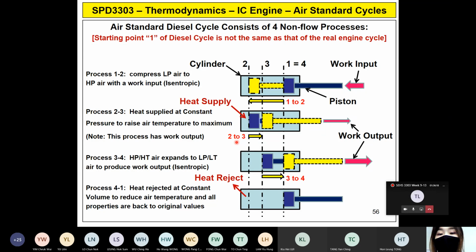Second, we assume the components do not change during the whole process. We only have air, the working fluid. It remains unchanged during the whole working process. Air, you can assume it as a perfect gas. So you can use the properties of a perfect gas, right?